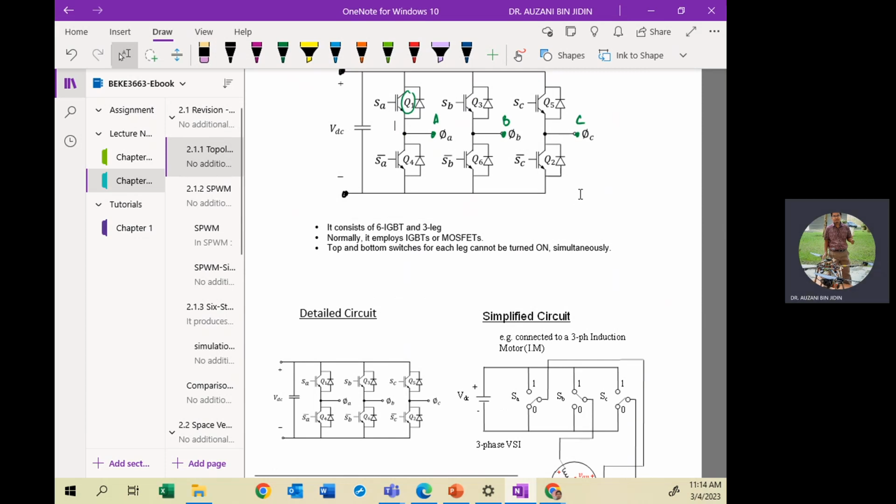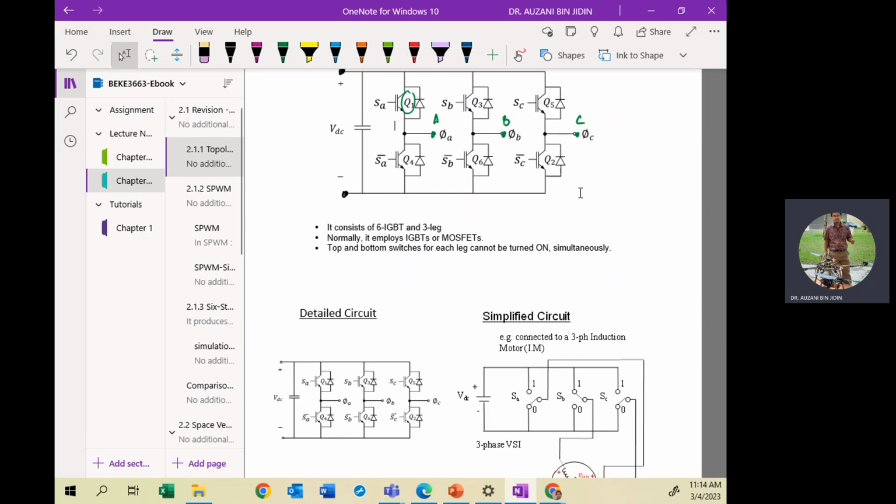That happens when the inverter is running in 2-phase conduction. You must differentiate between 3-phase conduction and 2-phase conduction. If 3-phase, the switching operation for any leg, top and bottom, must be complementary. It cannot have the same state, on or off, cannot. That is for the 3-phase conduction. But for the 2-phase conduction, it allows one leg of the inverter to have both switches off at the same time.